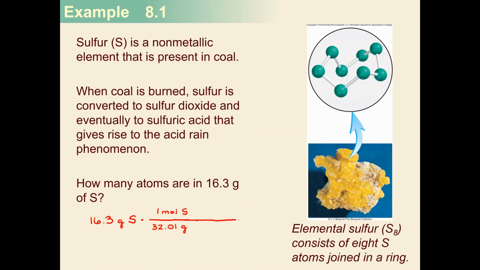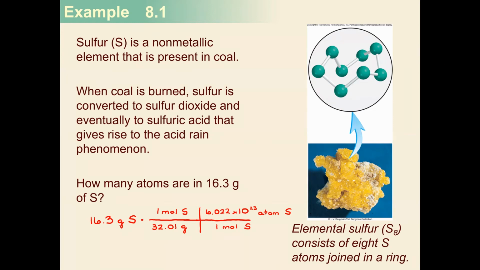So if we are going to do that, we now need to have our Avogadro's number, 6.022 times 10 to the 23rd atoms of sulfur over 1 mole of sulfur.